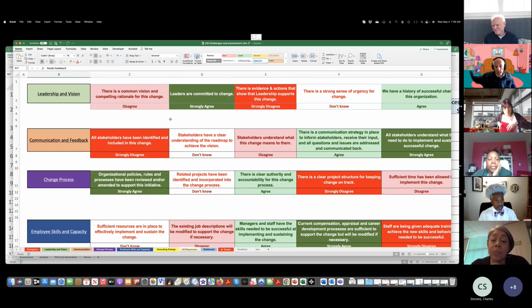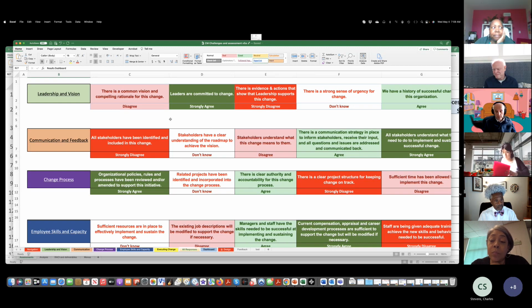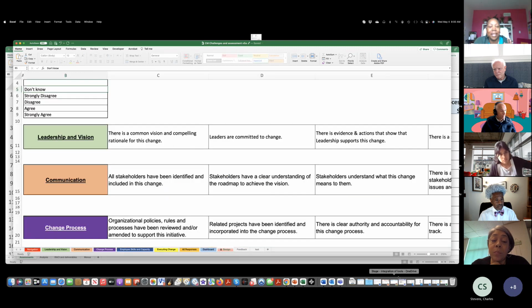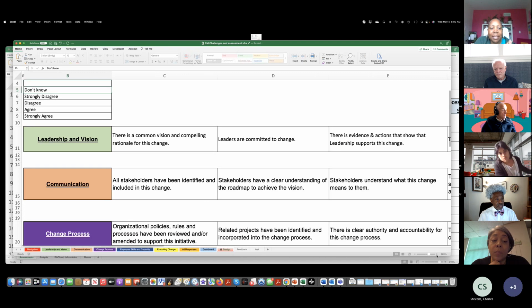Yeah. The structure would be, for example, strongly disagree needs to be, and just work with me for a minute when I use this next word, because I don't want anybody to pounce on me, but let's just say, for example, strongly disagree.